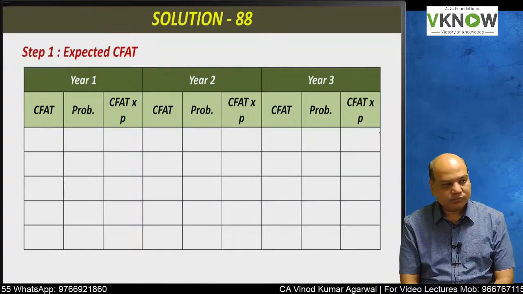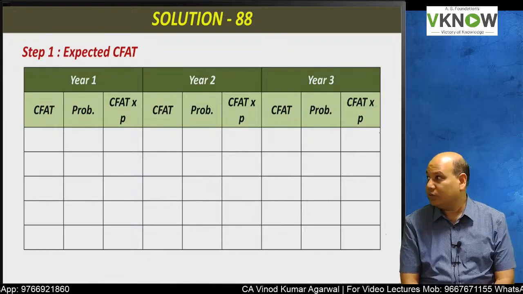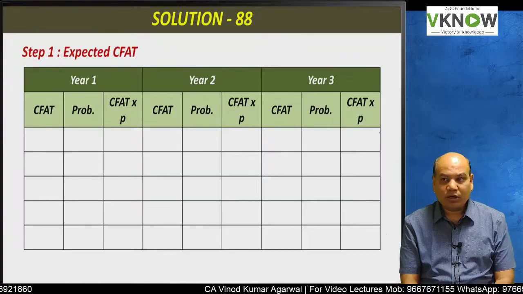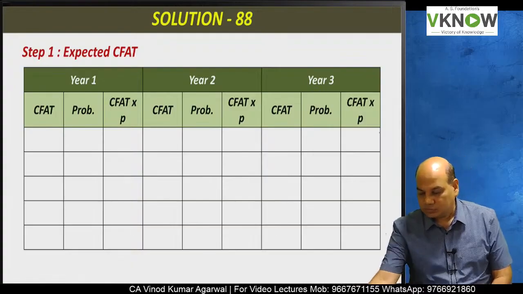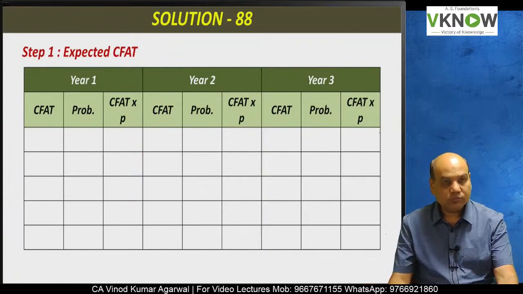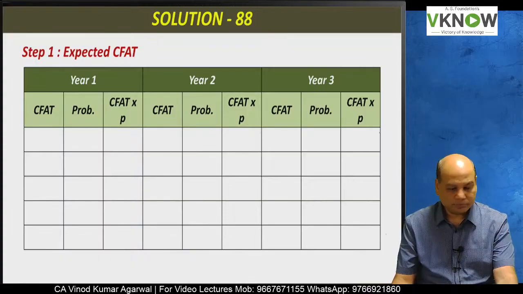Under year 1, 3 columns: CFAT column, probability column, CFAT into probability column.